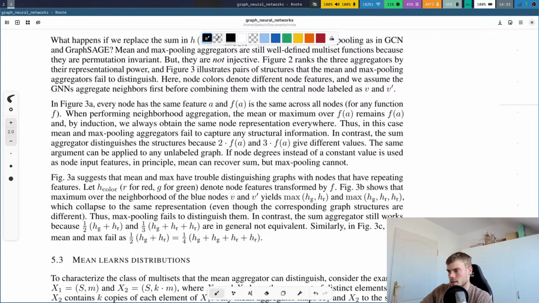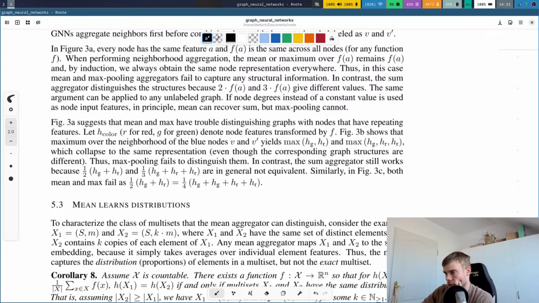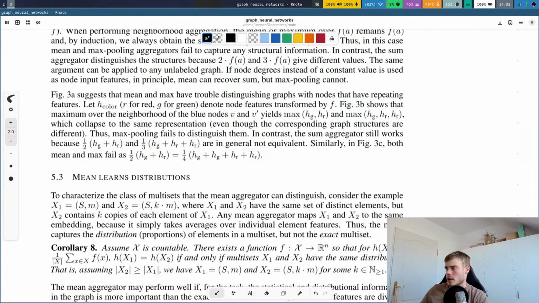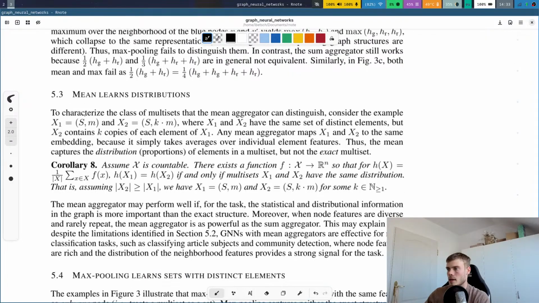Yeah, this is what I was explaining. And Figure 3 suggests that mean and max have trouble distinguishing graphs with nodes that have repeating features. Let H color, R for red, G for green, denote node. We saw this. Mean learns distributions.